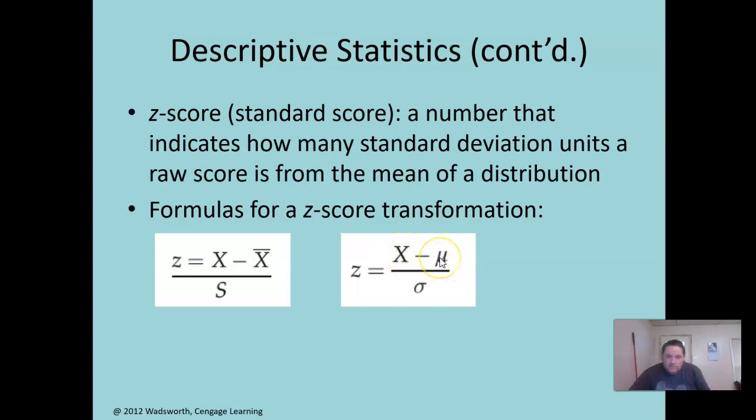Then you're going to divide that by the population, or in this case, n.